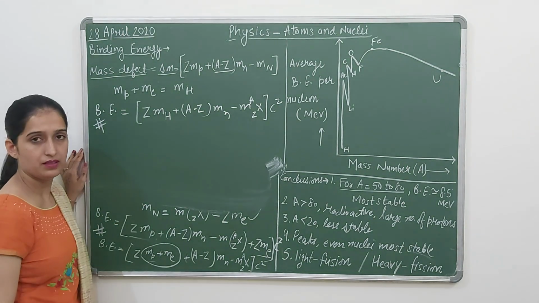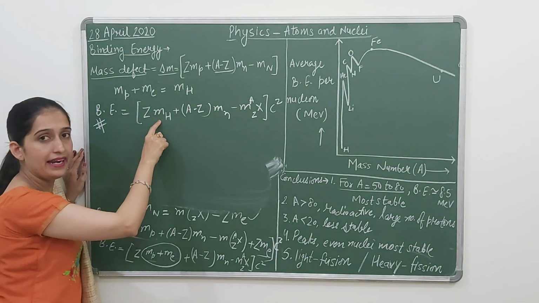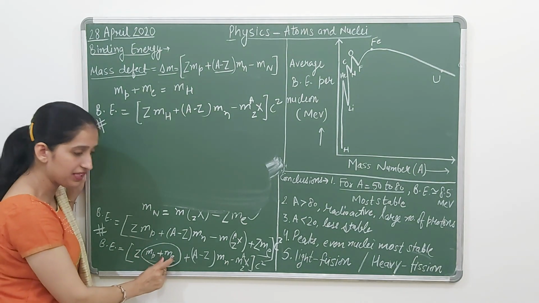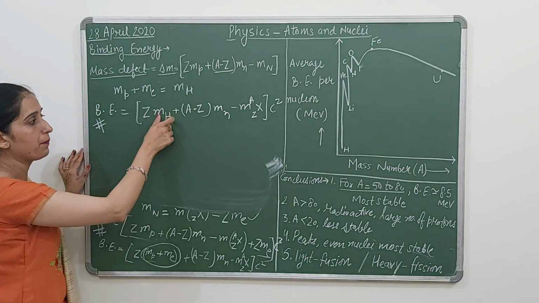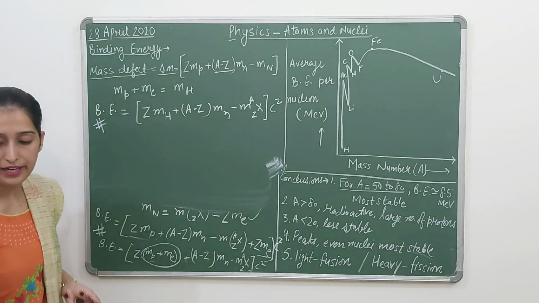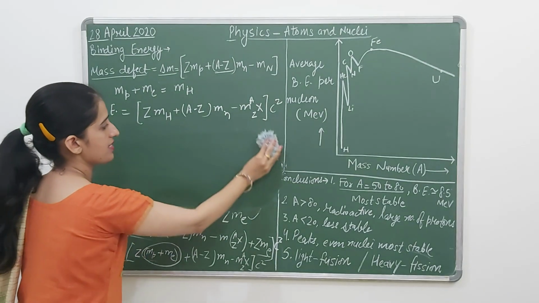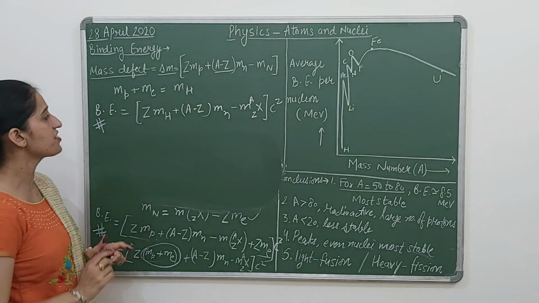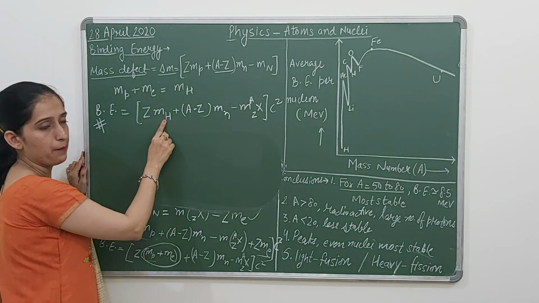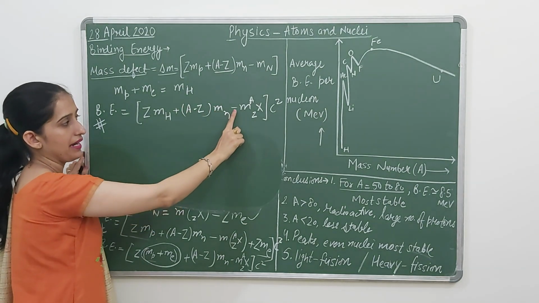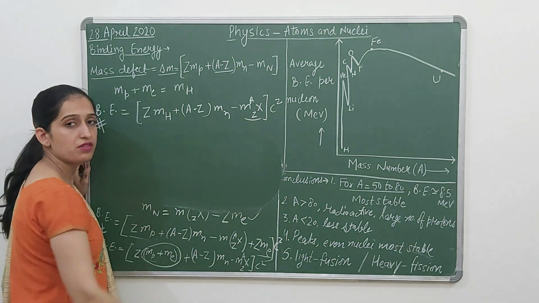Both are similar. The information is that in a hydrogen atom there is one proton and one electron, so this sum can be replaced by mass of hydrogen atom. So this is the final equation to calculate binding energy, and it is given by Z into M_H plus (A minus Z) Mn minus M(X,A,Z), this is the mass of atom, into C square.